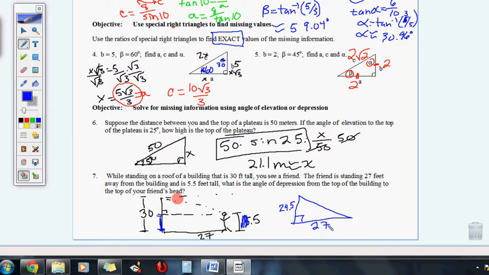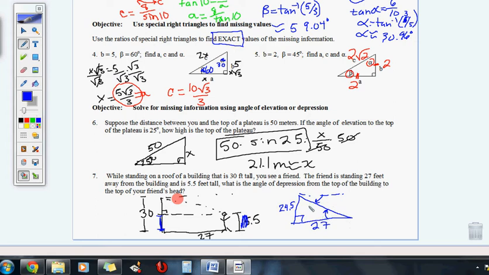This is still 27, and they're asking for what? Let's see. What is the angle of depression? So that is actually, if we continue this diagram, that's this angle. Well, that's the exact same thing as the angle of elevation. They have different names, but their values are the same because of the parallel lines and the alternate interior angles there.